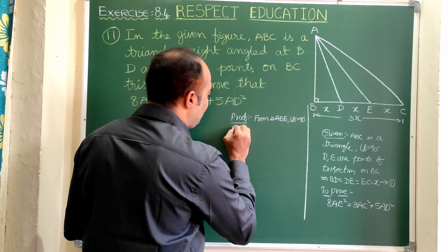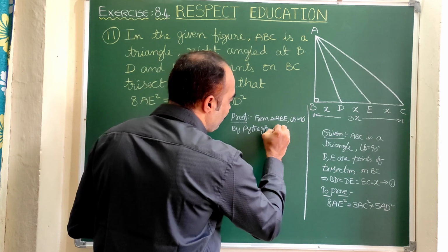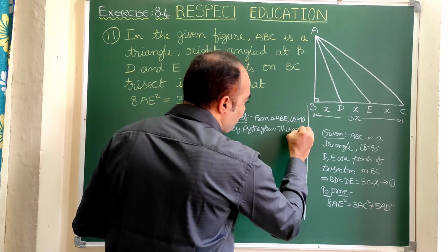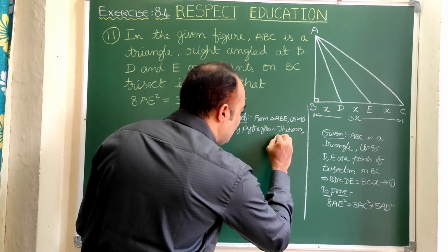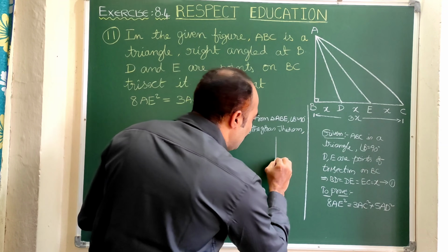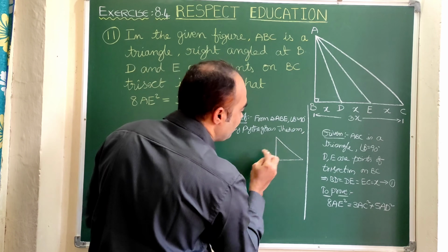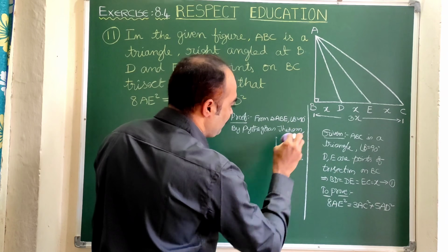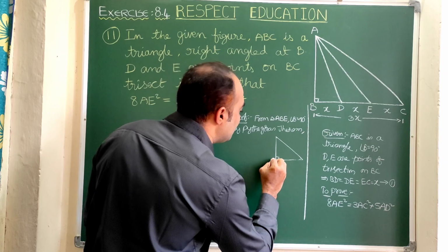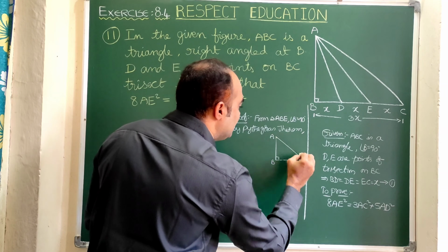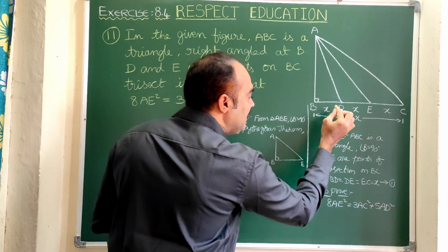So let us write by Pythagoras theorem, hypotenuse square. So here let us draw triangle ABE for our convenience, right angled at B, this is A, this is E, in which here you observe middle D is there.